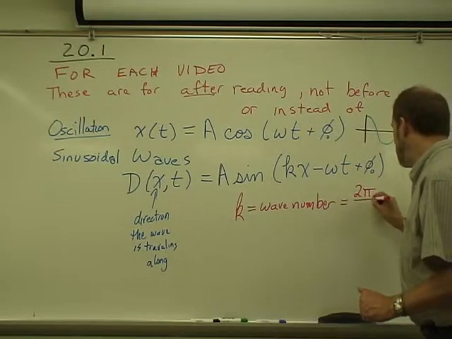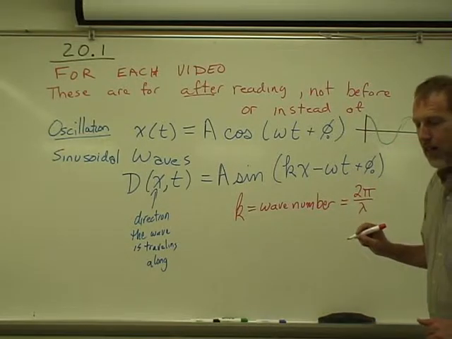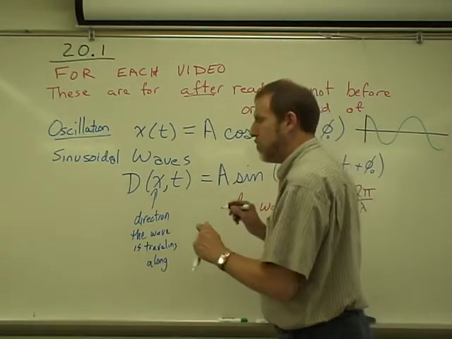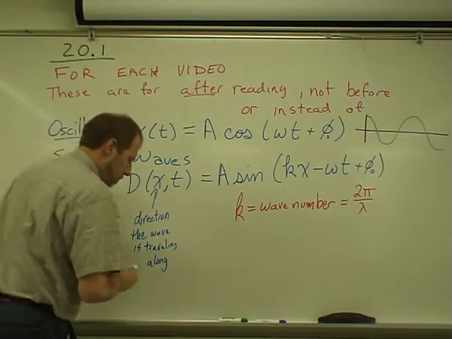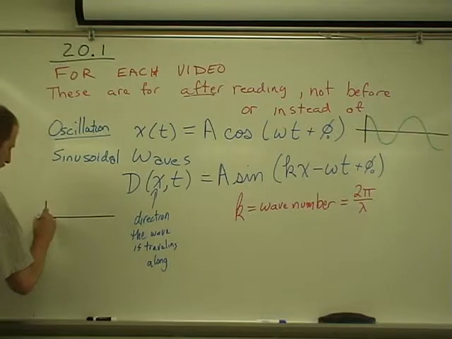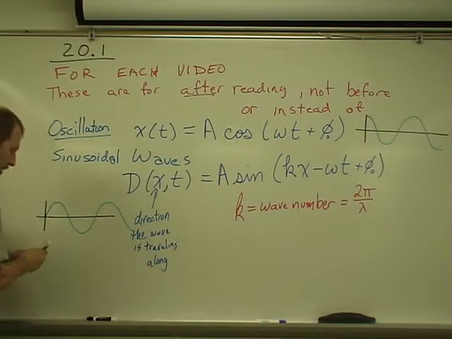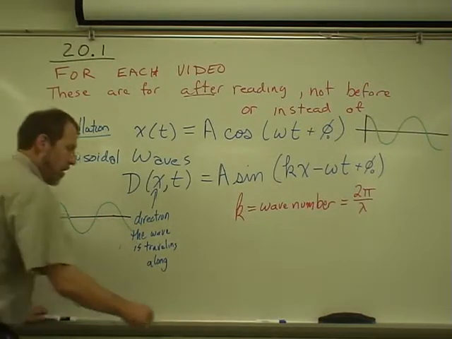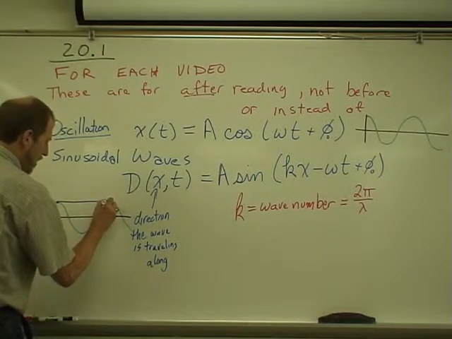The wave number is defined as 2 pi over the wavelength. Now, the wavelength we've already seen discussing oscillation. The wavelength is the distance from one point on a wave to that same point on the next wave.